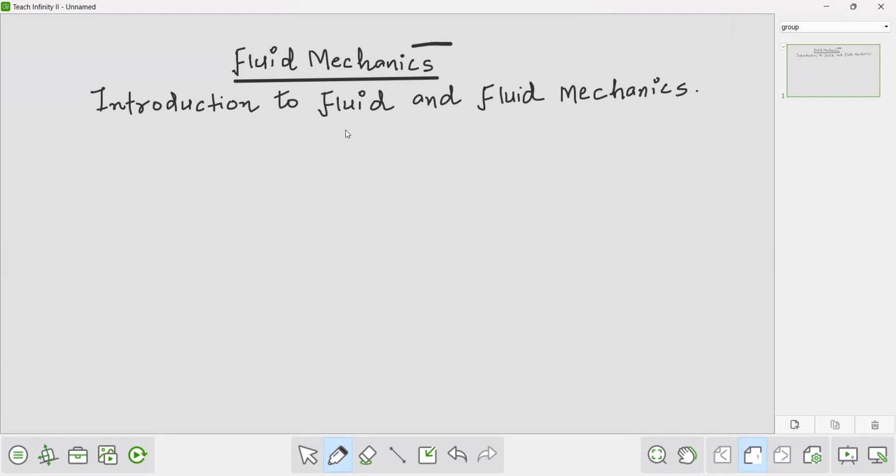First of all, I will combine this word, that is fluid mechanics. It is made of two words, that is fluid and another is mechanics.